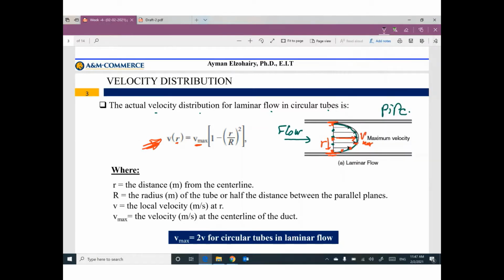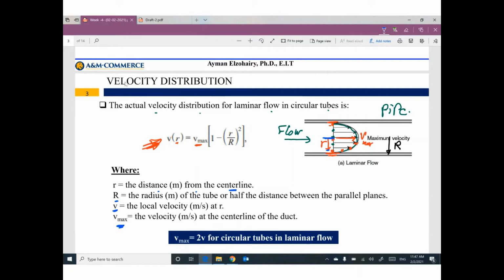Capital R is the radius of the pipe. Small r is the radius from the center line to the point you are looking for. So r is the distance from the center line to the point. Capital R is the radius of the pipe. V is the velocity. V maximum is the maximum velocity.